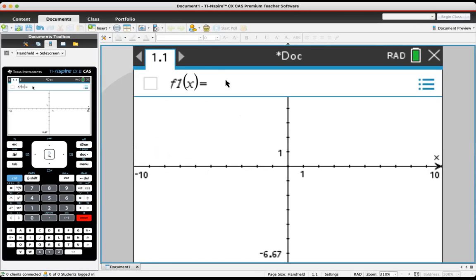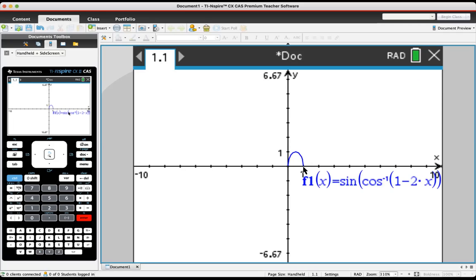So basically, I'll just type out sine bracket arc cos, and the other thing is 1 minus 2x. Okay, so it looks like this is a semi-ellipse. So the domain is from 0 to 1 and the range is 0 to 1. Therefore, I will choose option A, okay? So let's have a look at the next one.